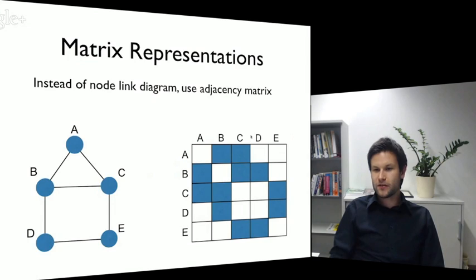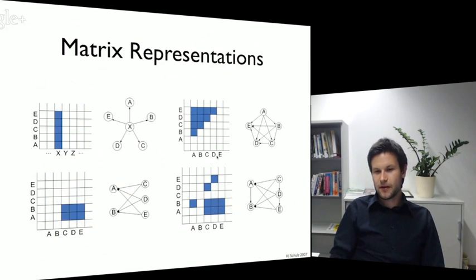So you have all the nodes here as columns and all the nodes as rows. And if you have a connection between them, you just color this cell. So we have a connection from A to B, and we also have a connection from B to A because it's actually a bidirectional link. It has no direction.